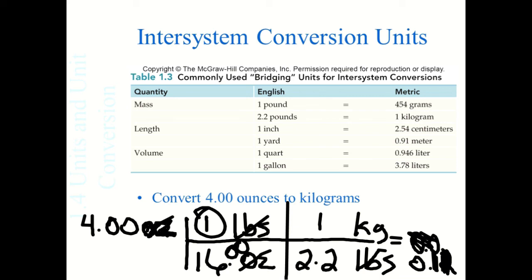You'll get the exact same answer. So you're skipping finding a number and then carrying it over here and then doing another division step. 4 divided by 16, and then whatever the answer to that is, divided by 2.2 will be the same answer that you would get anyway.